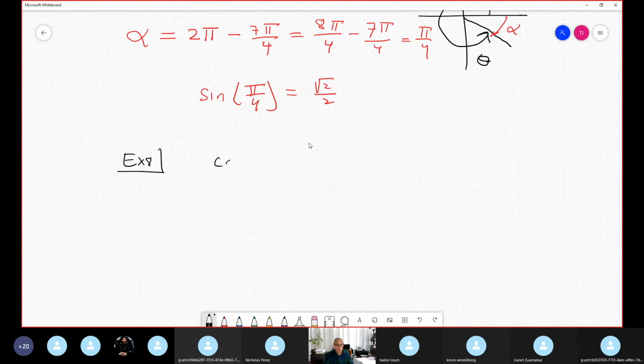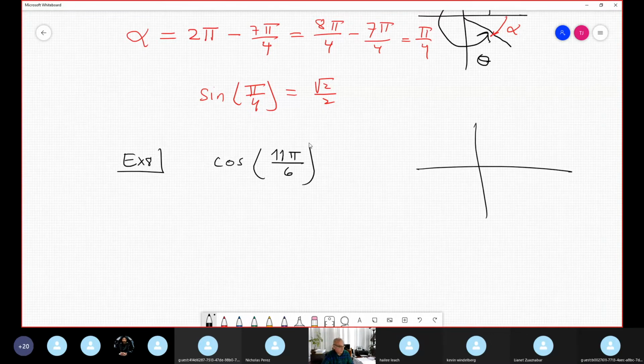Okay, cosine 11 pi over 6. And in what quadrant does 11 pi over 6 lie? No idea? Okay, look again. 11 pi over 6. What's the mental process?